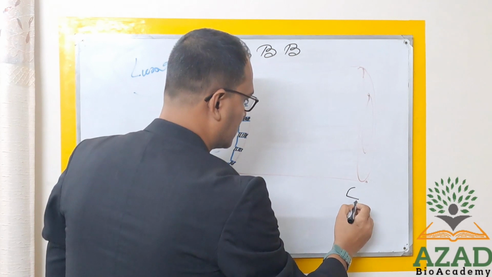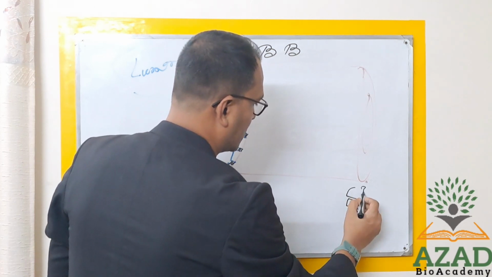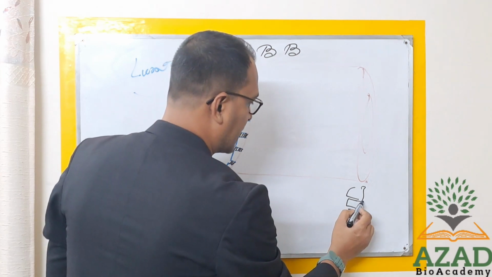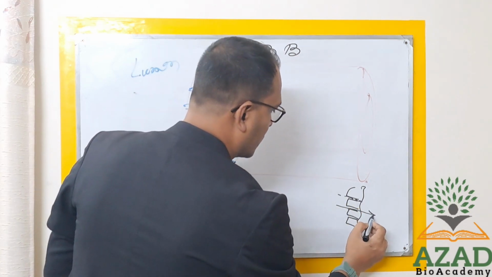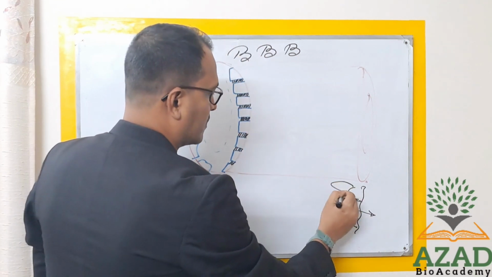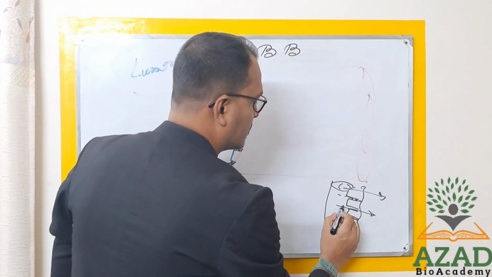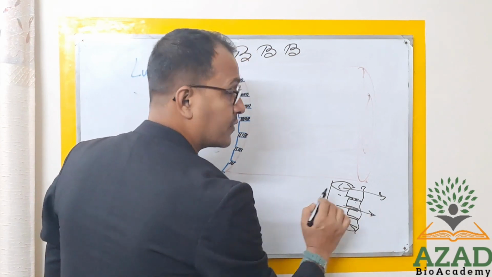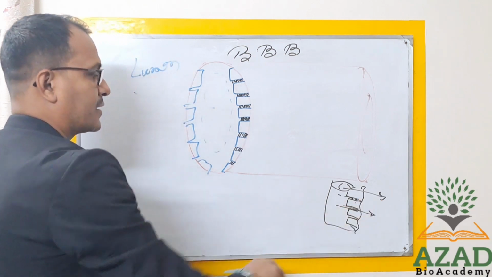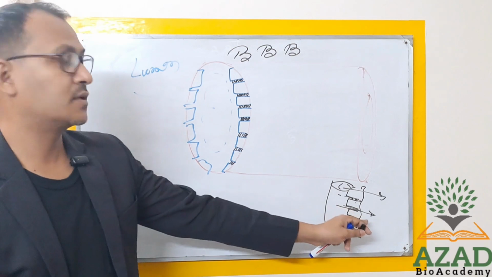Okay, so if I just draw for other blood capillaries, you can consider as continuous also. So this is endothelial cell, this is endothelial layer, and it has some gap. Through this gap substance can go from inside to outside. So in between the gap, you can say this is paracellular transportation of the substance.